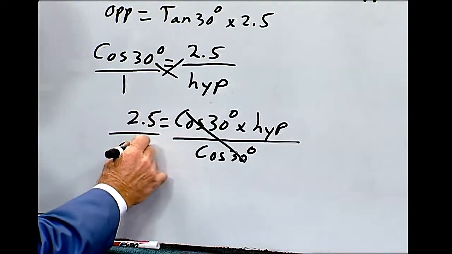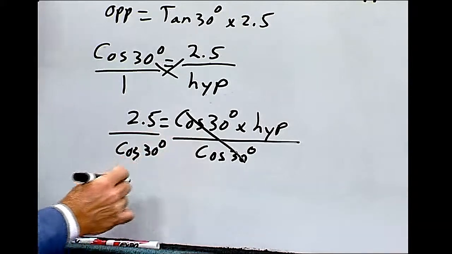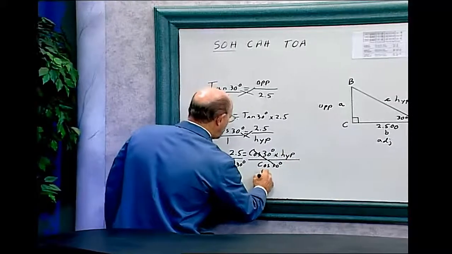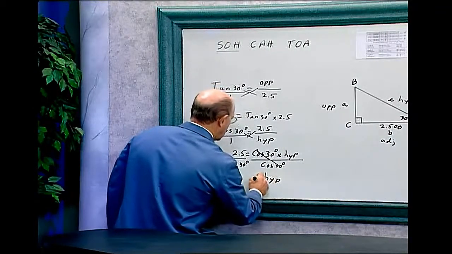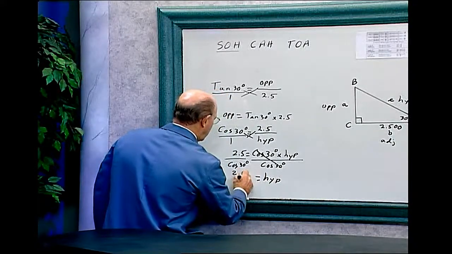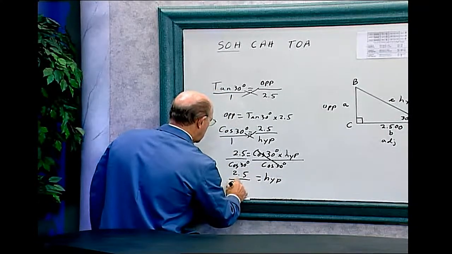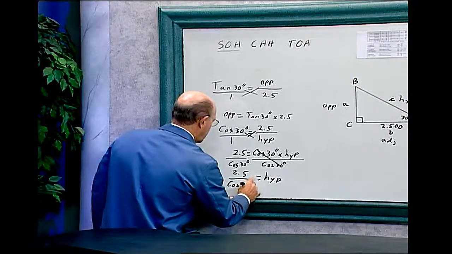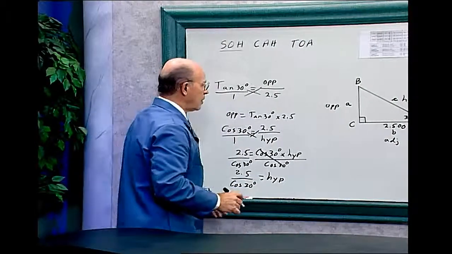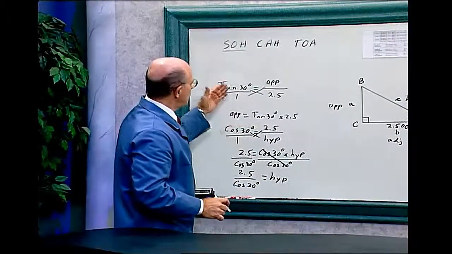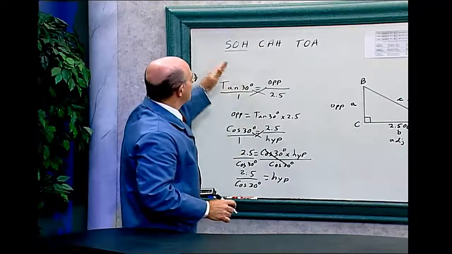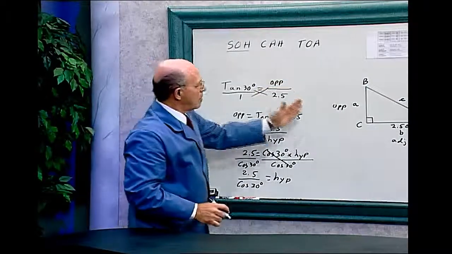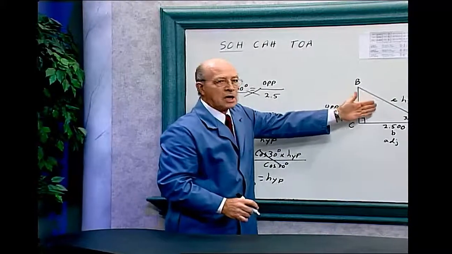And so hypotenuse equals 2.5 divided by cosine of 30 degrees. With these formulas, we can determine unknown sides.